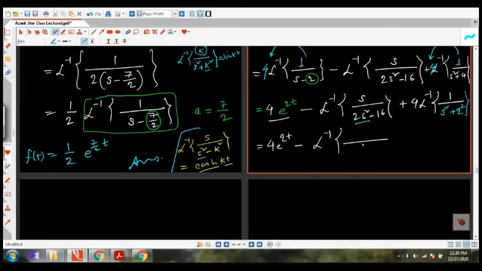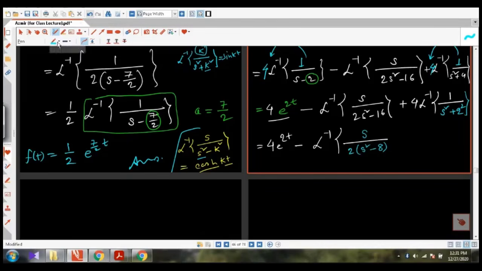So what we can do, we can make it just like this. 2 can be factored out, so it will be s squared negative 8. Is it okay? Yes, sir. In upper part we have s.